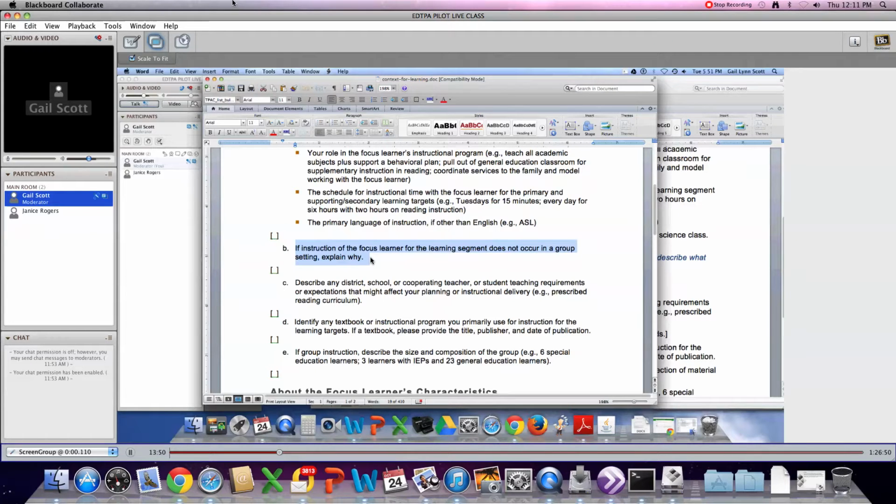If you are teaching the student by themselves, you have to explain why the student always gets instruction by themselves. They're a danger to self and others. It's a scheduling situation. What's the deal? So in all cases, there needs to be at least a small group. And if it's only the student, you have to say that the student always gets one-on-one instruction for this reason.